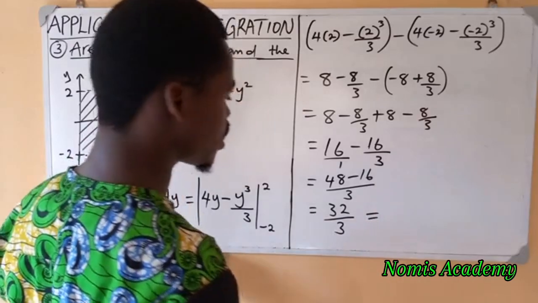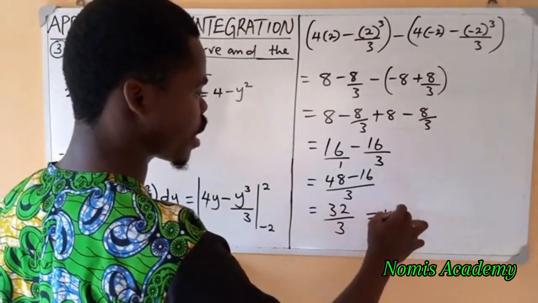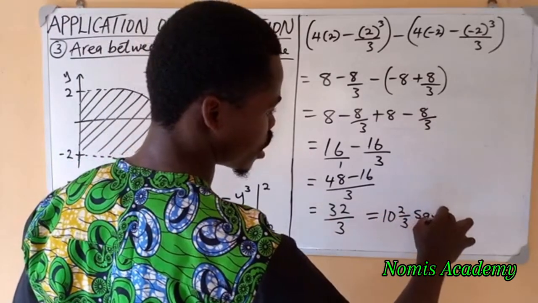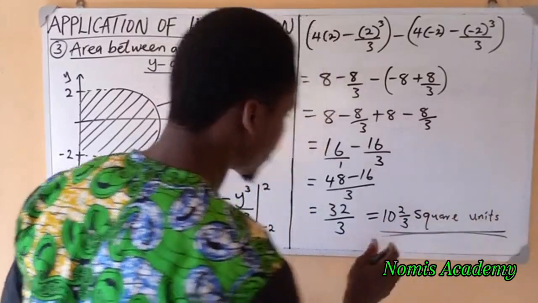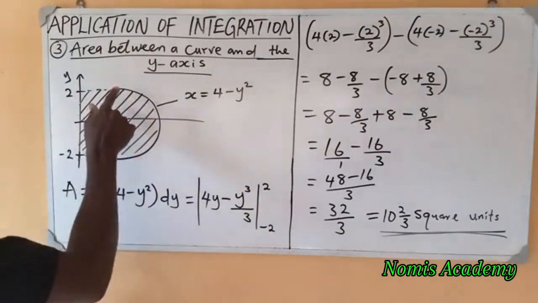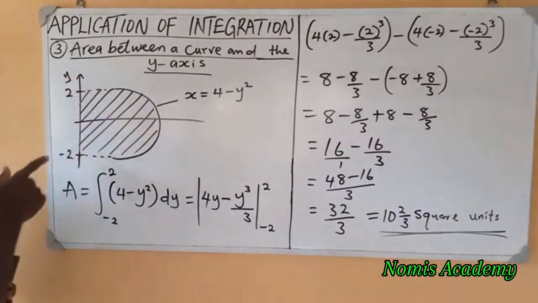So our final answer will be 32 divided by 3, which is 10 whole number 2 over 3. So this will be square units. So this is the area of the region bounded by the curve, the y-axis, and the line.